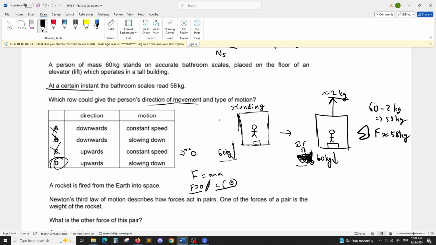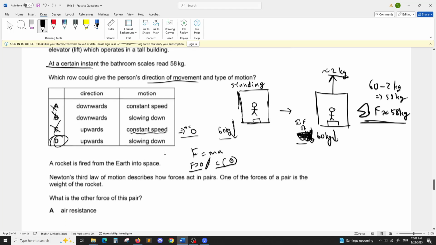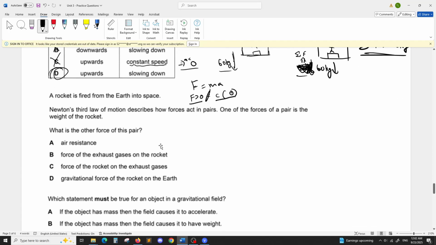Initially our resultant force is 60 kg standing, and then once it's moving, our resultant force is now 58. And then we have to use mathematical ideas like the motion here. Constant speed means that acceleration is equal to 0, which is not what we want.